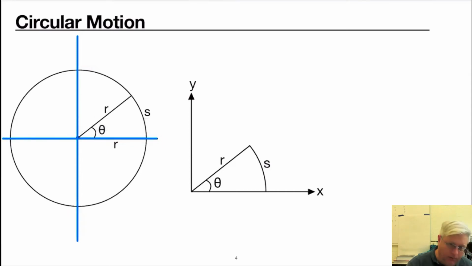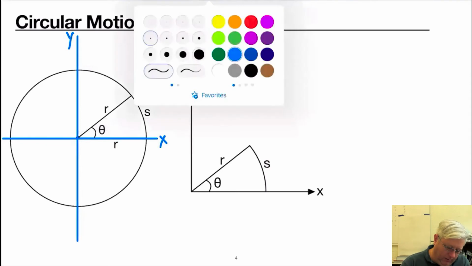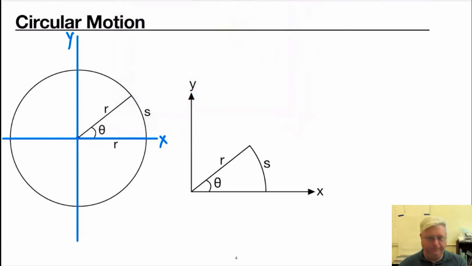Okay, so we have x and y. Okay, and we know that for a full revolution of a circle, we can describe that in terms of degrees.